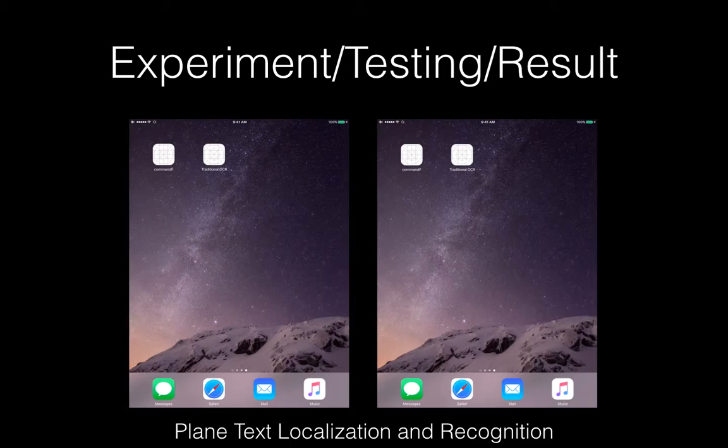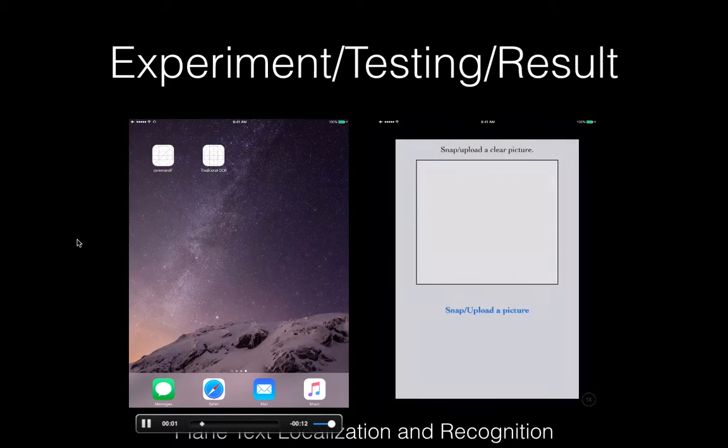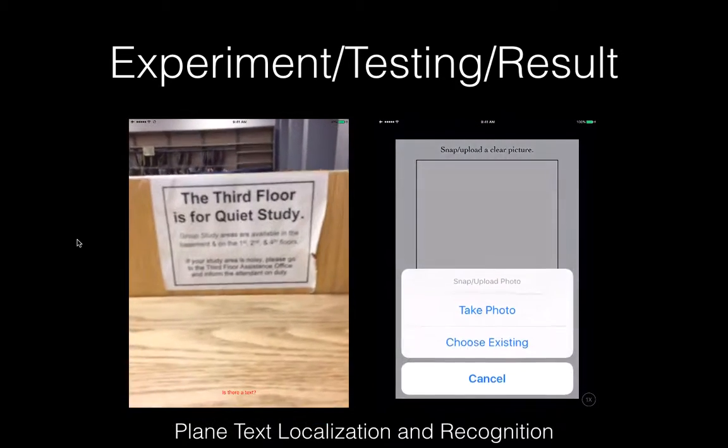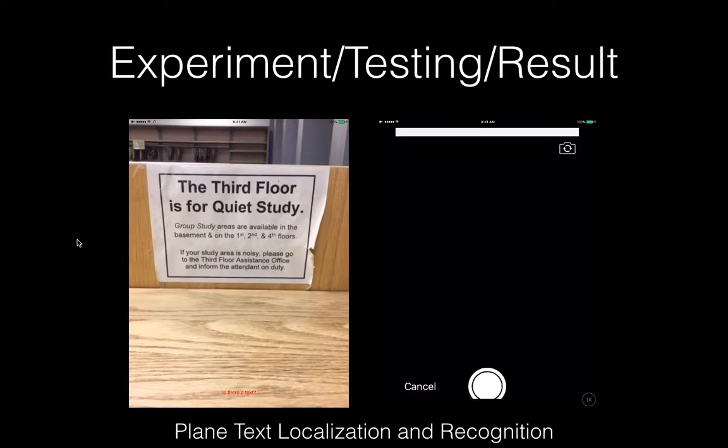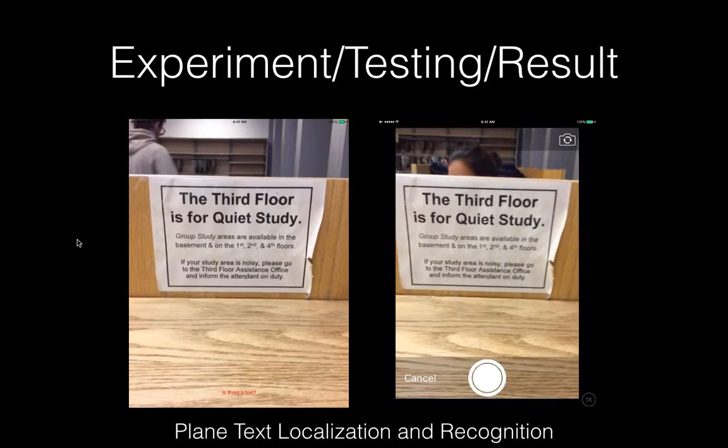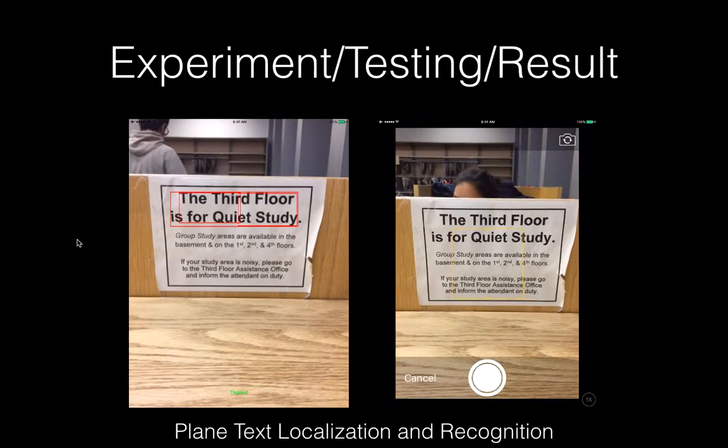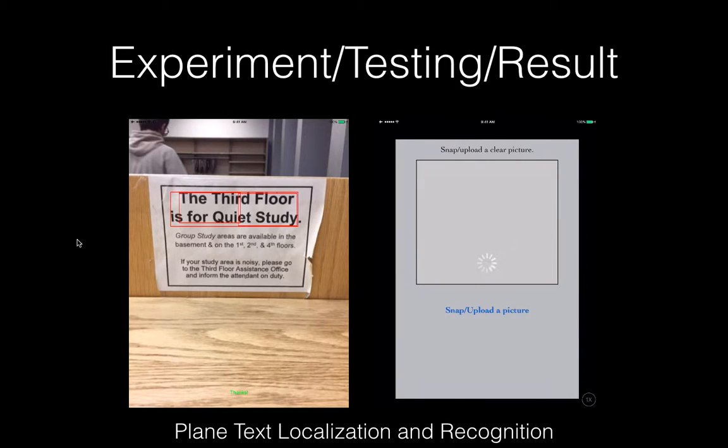Okay, so we have our localization method. We built an app called Command F, and then we have traditional OCR. Let's see what the result is and what the difference is. The right side is the traditional OCR, and the left side is only using extremal region to localize.